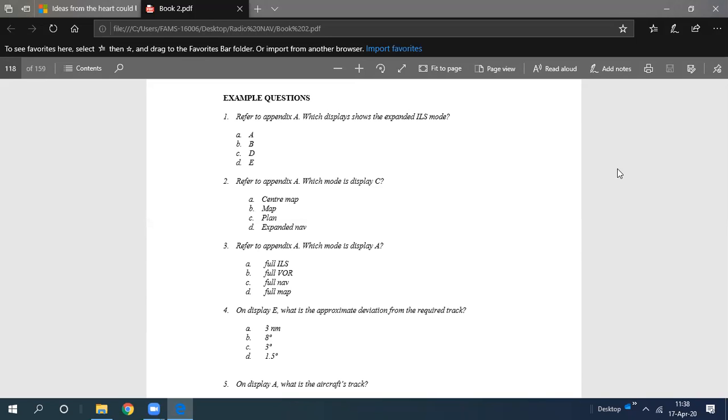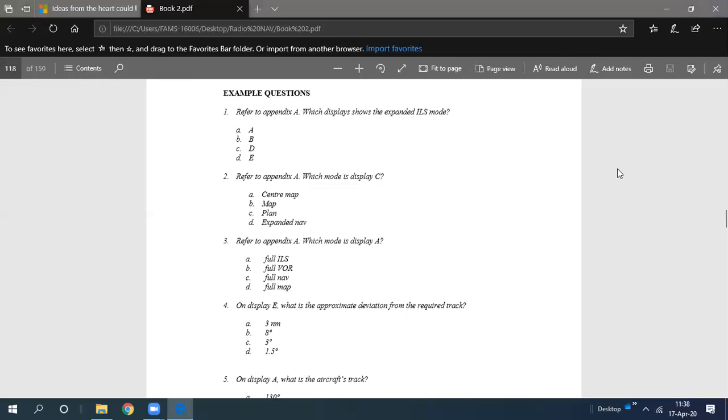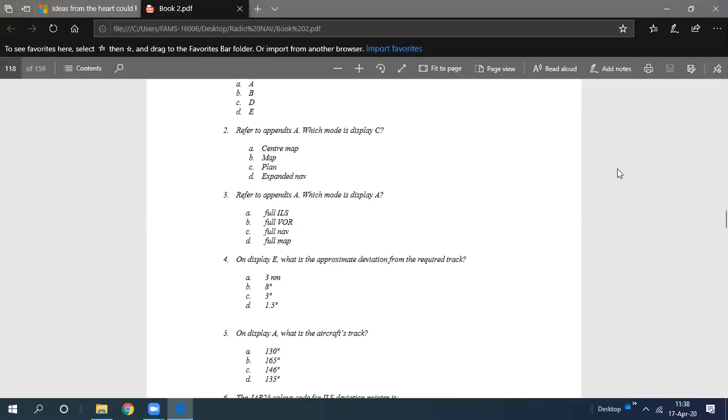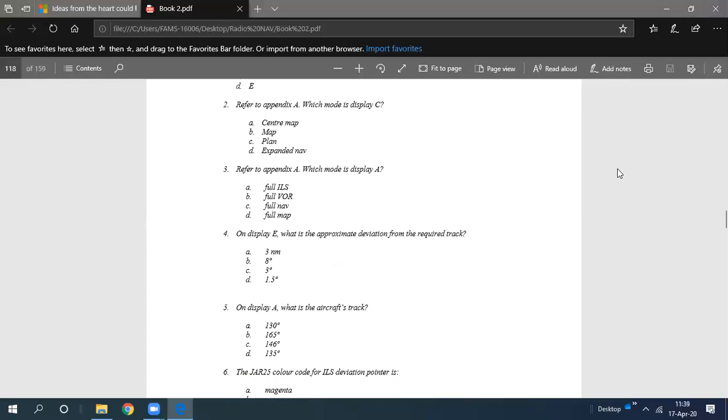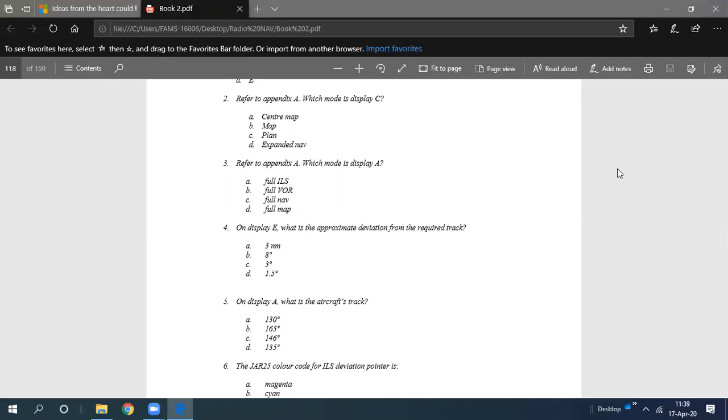Come on, anybody, please. On display E, what is the approximate deviation from the required track? Bravo, sir, 8 degrees. Yes, absolutely correct. On number 5, on display A, what is the aircraft track? Charlie, sir, 146. Okay, good, absolutely correct.